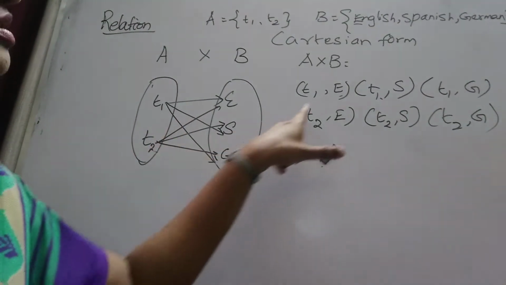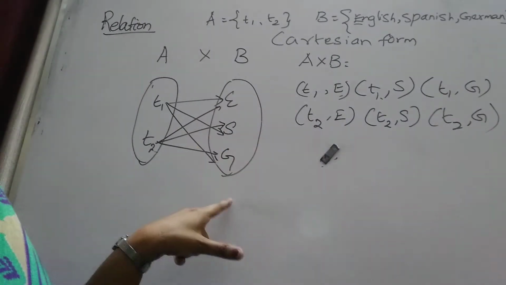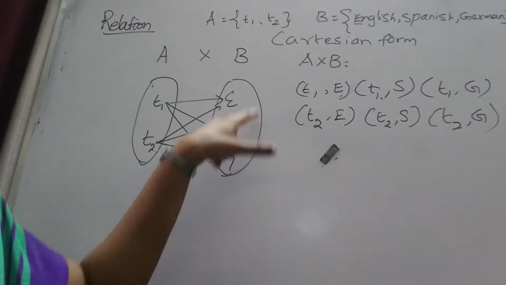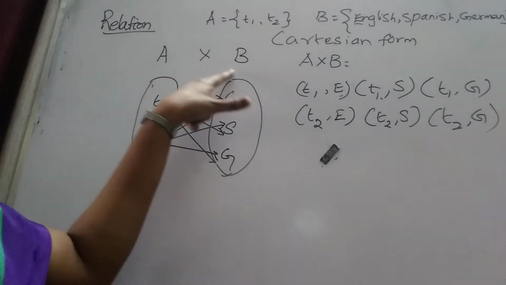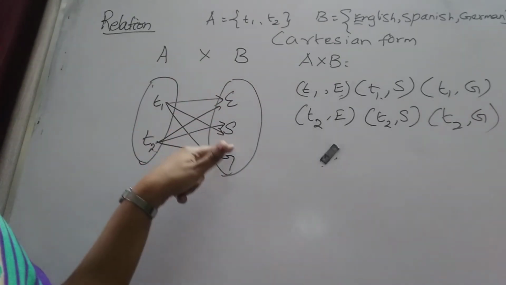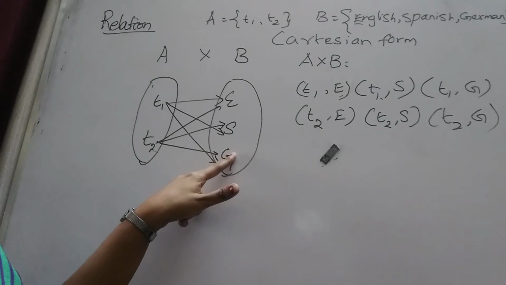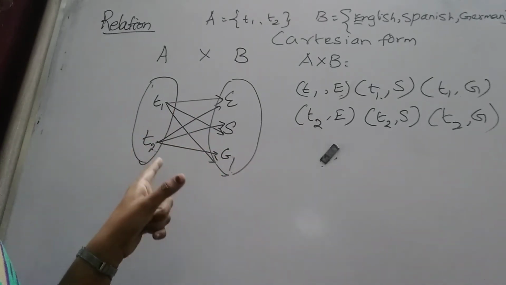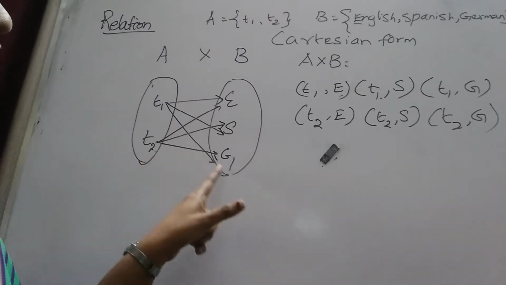Each of the teachers is related to the courses. First comes the teacher from set A, and second comes the course from set B. Don't take it in any other order: first the teacher, then the course.